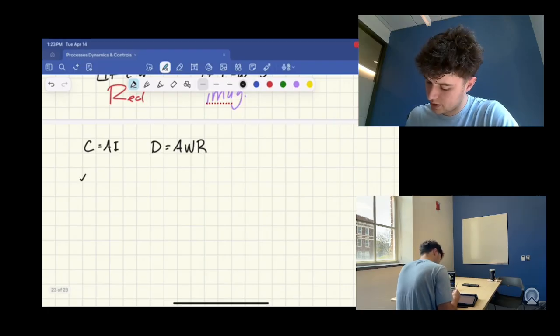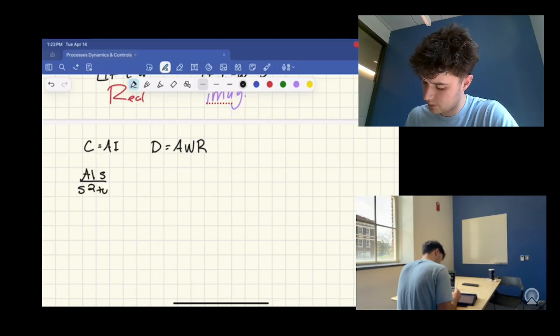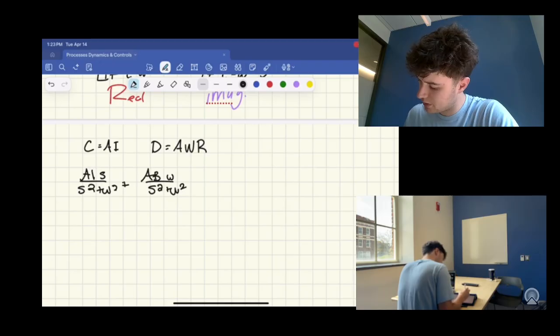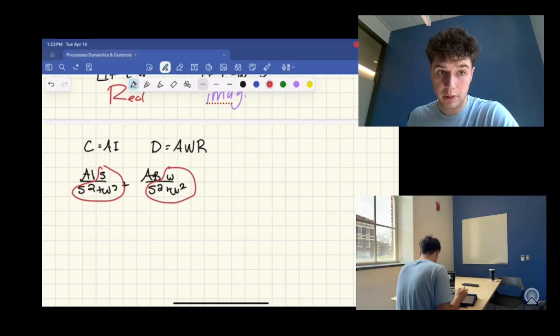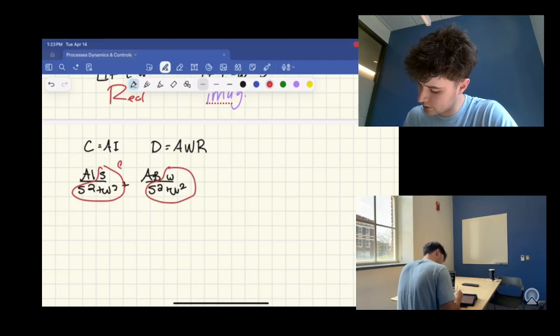And now, when you rewrite this, AI times s over s squared plus ω squared plus AR times ω over s squared plus ω squared, you see that this one is cosine and this one is sine.